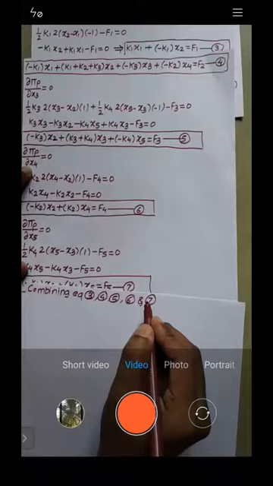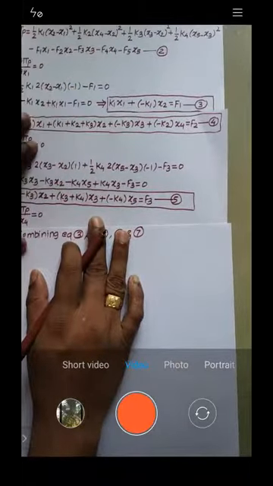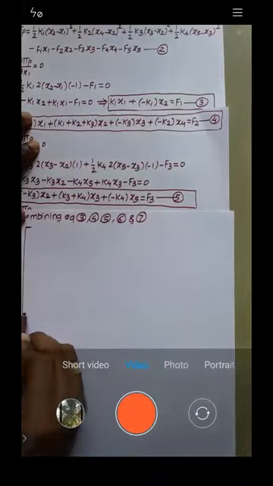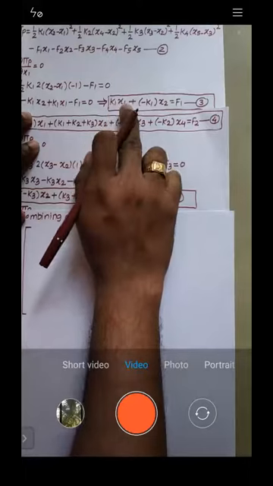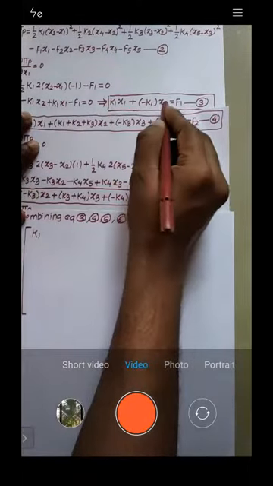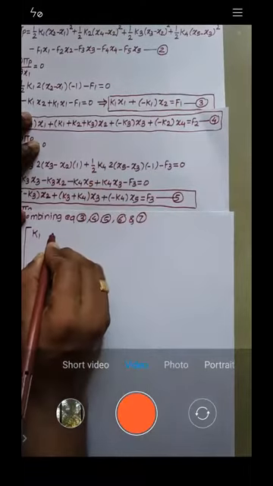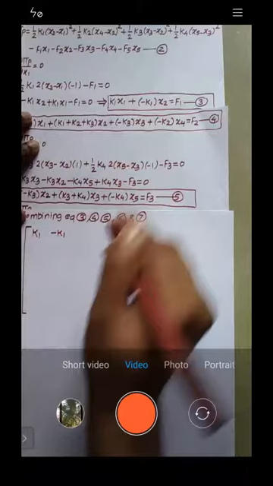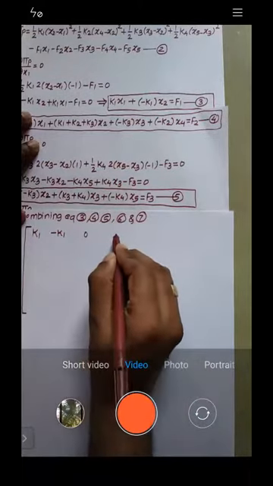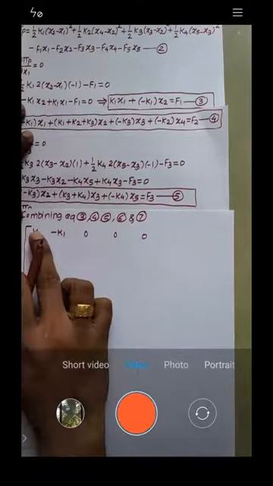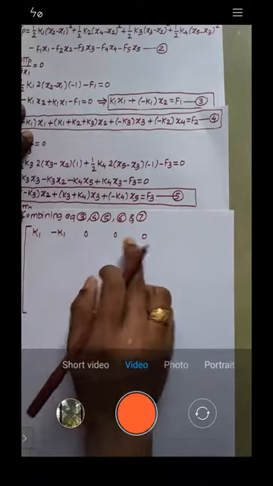Let's start combining the equations. Here in the first equation, it's k1. What is the coefficient of x2? It's minus k1. What is the coefficient of x3? It is 0. x4? It is 0. x5? It is again 0. Only you have coefficients of x1 and x2. For x3, x4, x5, they are 0.